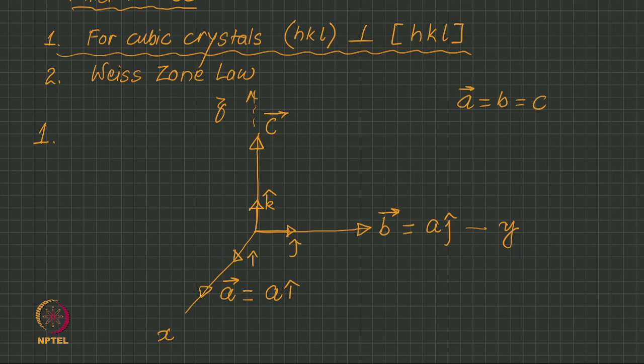Or you can say length of vector a, length of vector b and length of vector c all are equal, and we are calling that a. So, vector c also becomes a times k.